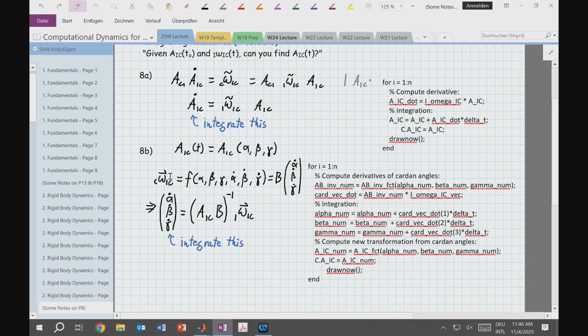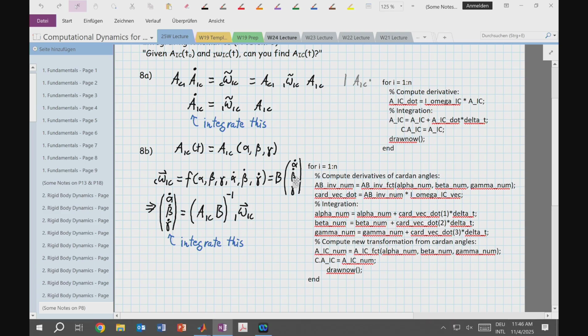And we saw that this, of course, then depends on alpha, beta, gamma, as well as of its derivatives. And it turned out that we were able to stack the derivatives nicely in the back of some matrix B. In other words, this vector omega IC is linear in the velocities of the Cardan angles.